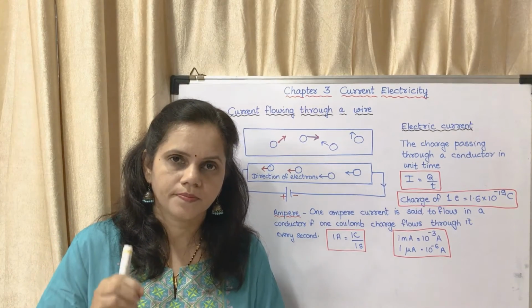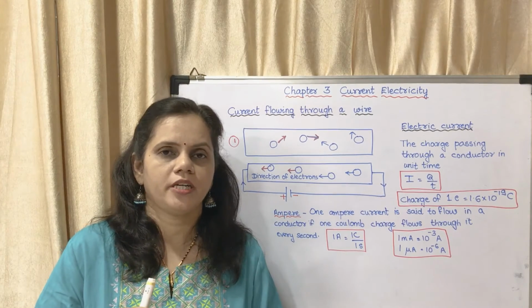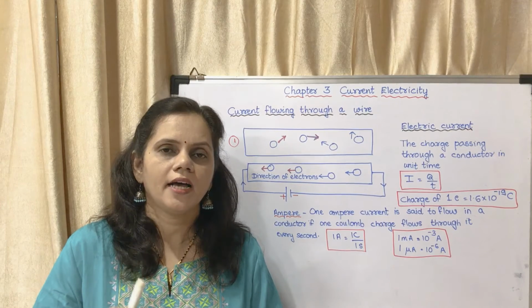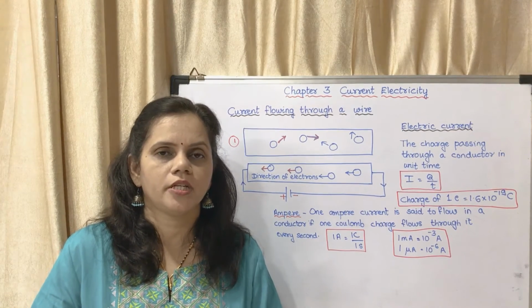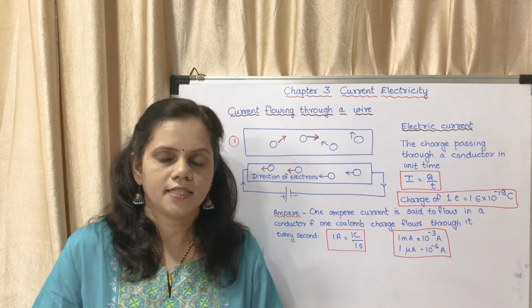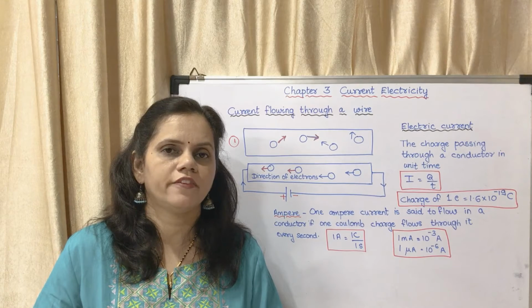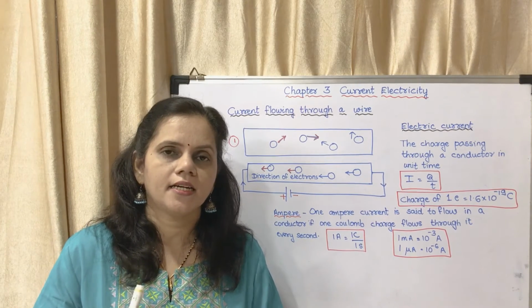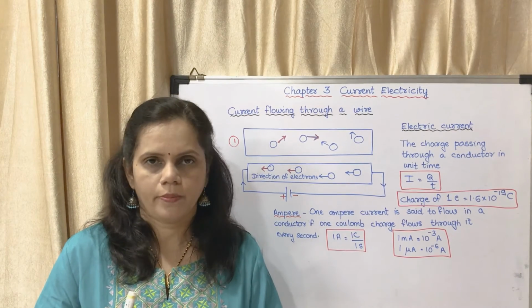Because the current flows from higher potential to lower potential. So to make it higher potential to lower potential, it is said to be the movement of positive charges, moving from positive to negative. But basically current is the flow of electrons from negative to positive.